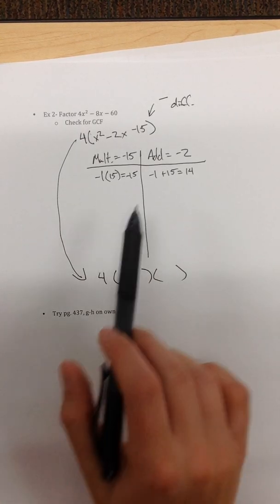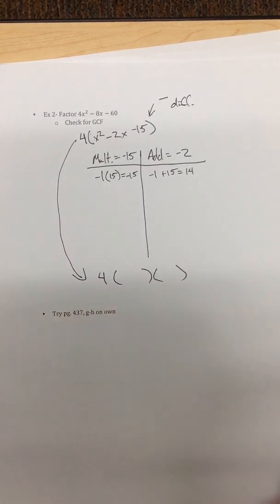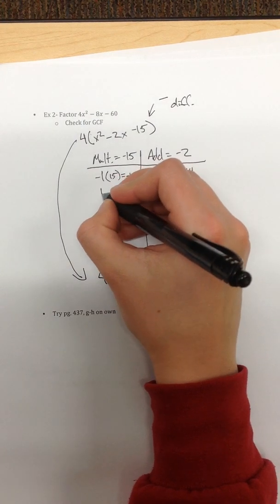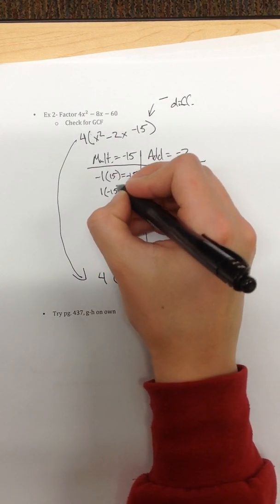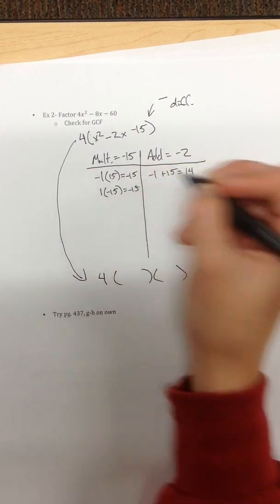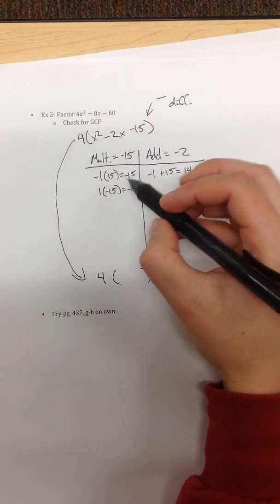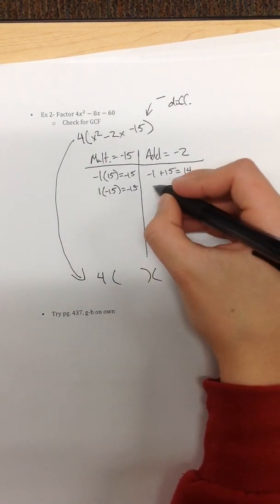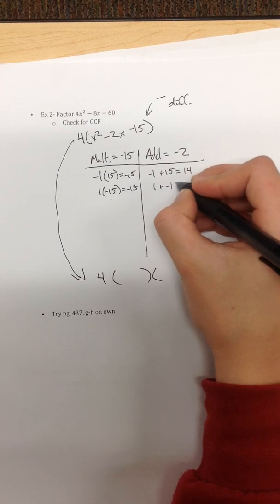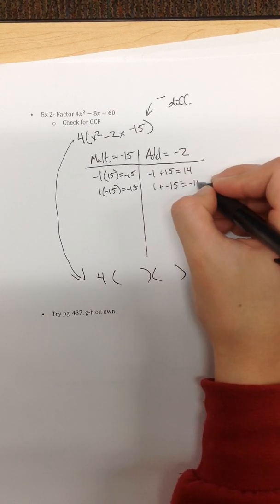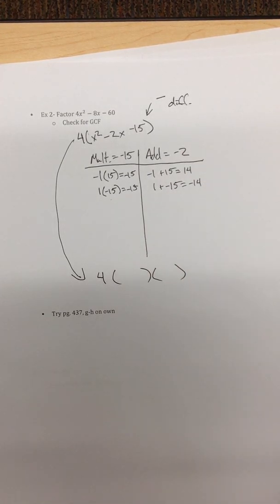So realistically, I probably shouldn't have set it up like that. I should have set this up with a +1 and a -15, because that still multiplies to be -15. Now when I add them, since my bigger number is the negative, this is going to come out to be a negative. It won't be the right negative, but it will be a negative. So -14 there.